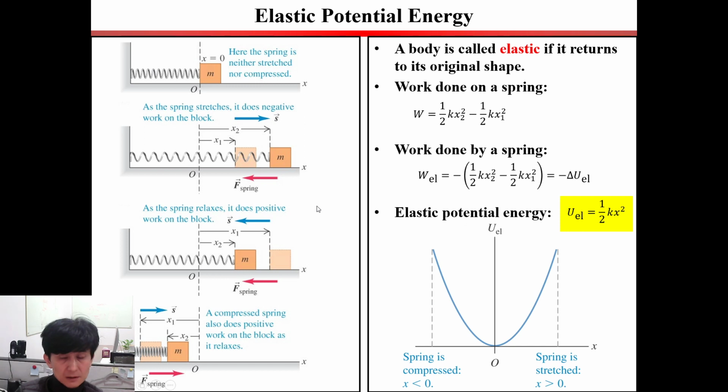This is the second part of chapter 7. So far we have talked about the gravitational force and the gravitational potential energy related to it.